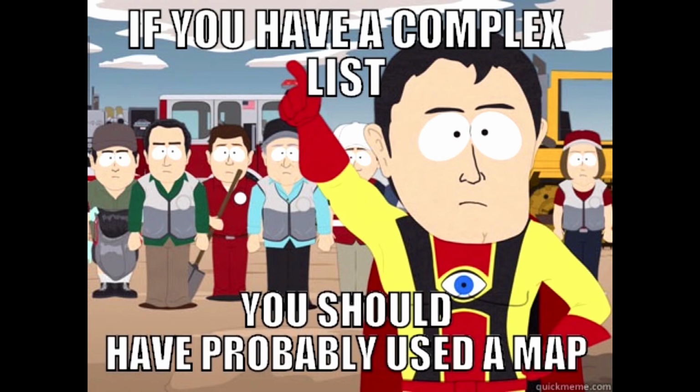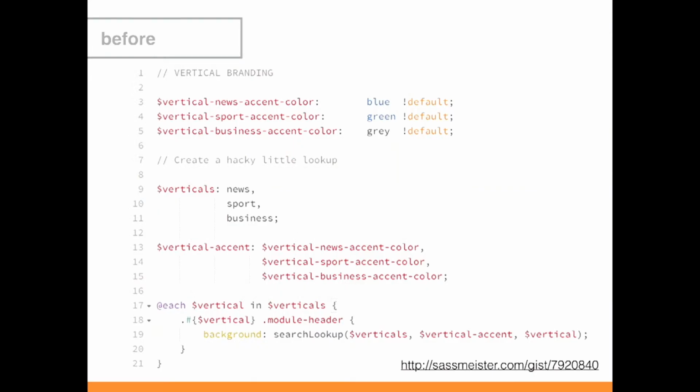This is how we basically manage branding. As you can see, we've got three separate variables at play describing accent colors, the vertical names, the vertical accents, that sort of stuff.